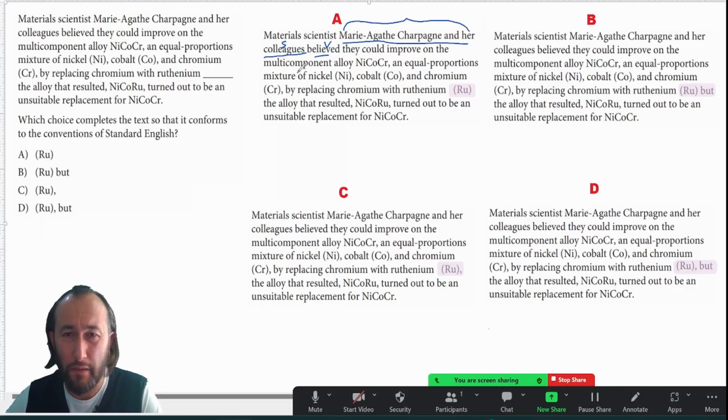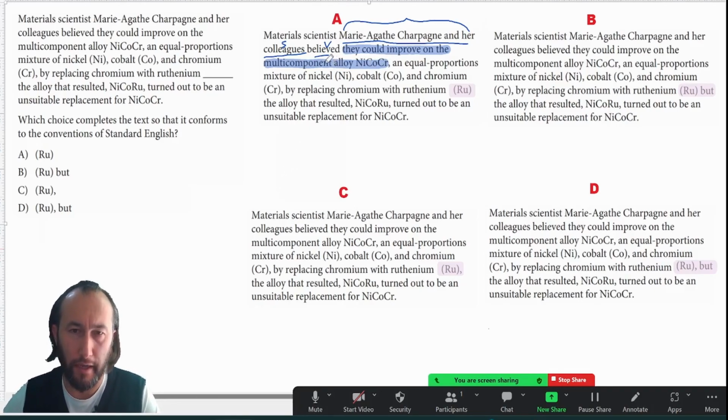Believed something. Believed that, I mean, that is hidden here. Believed that they could improve on the multi-component alloy NiCoCr. Okay, so this blue highlighted area, we call this a noun clause, guys.